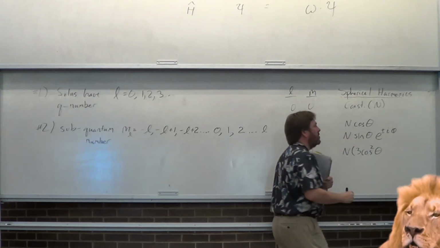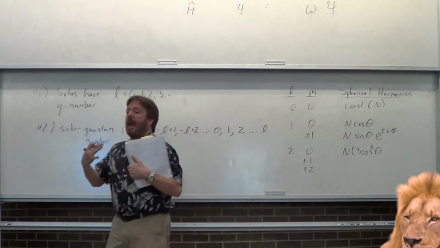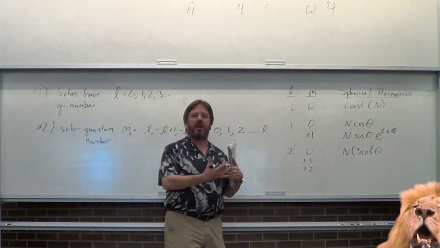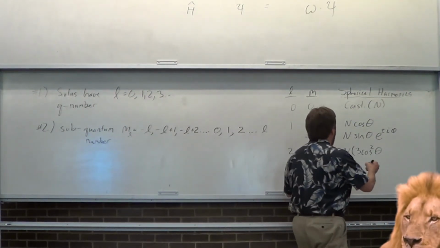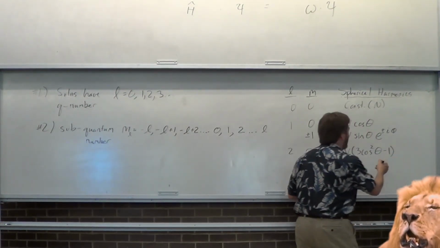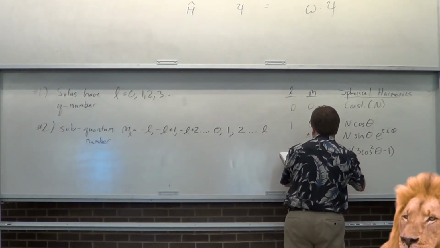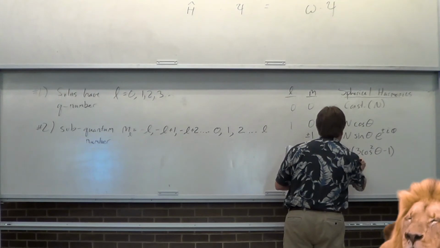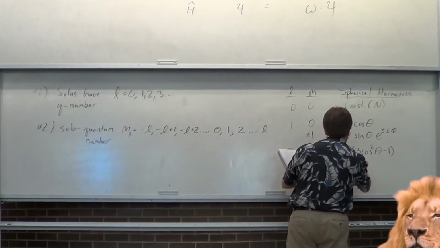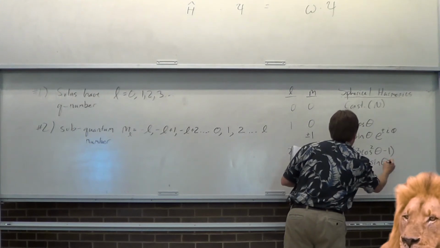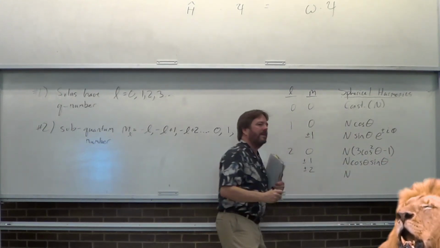The way to introduce nodes in angular functions is to square them or multiply them. Cosine squared is cosine times cosine. And for various reasons, there's some weird minus 1 there. I don't really know why. Again, I do know why: it's because that's what the solution says. Now you can see a little more of the pattern. Cosine, sine, and what would you guess for the last one?